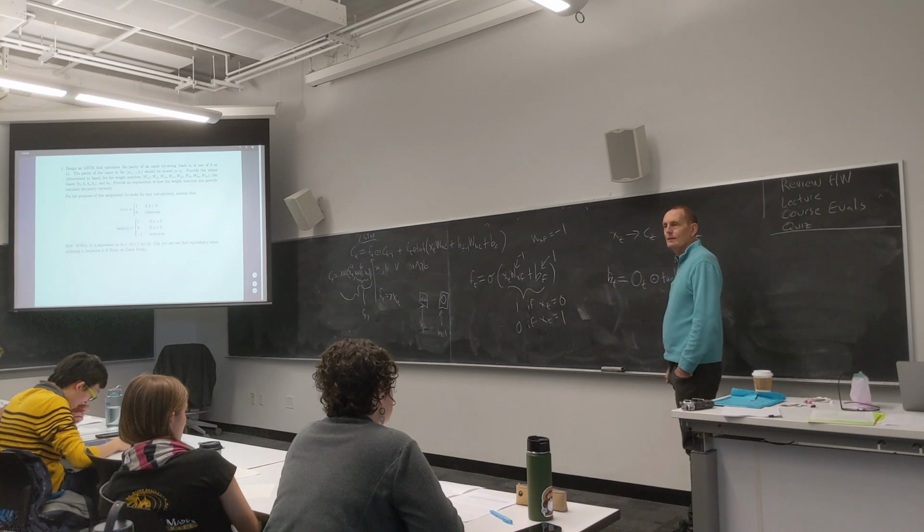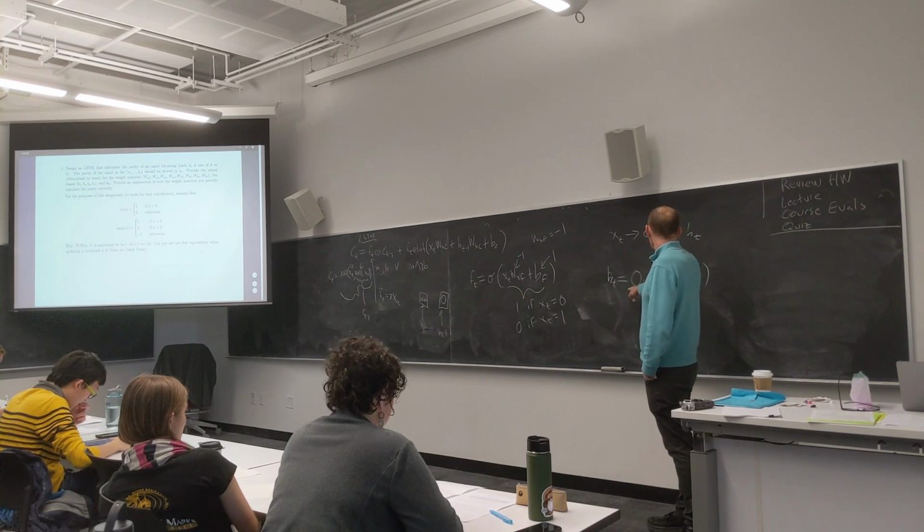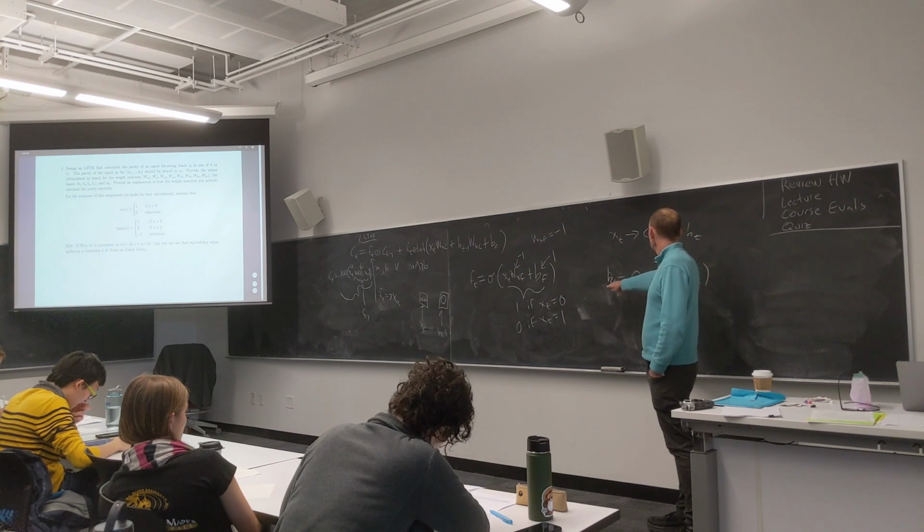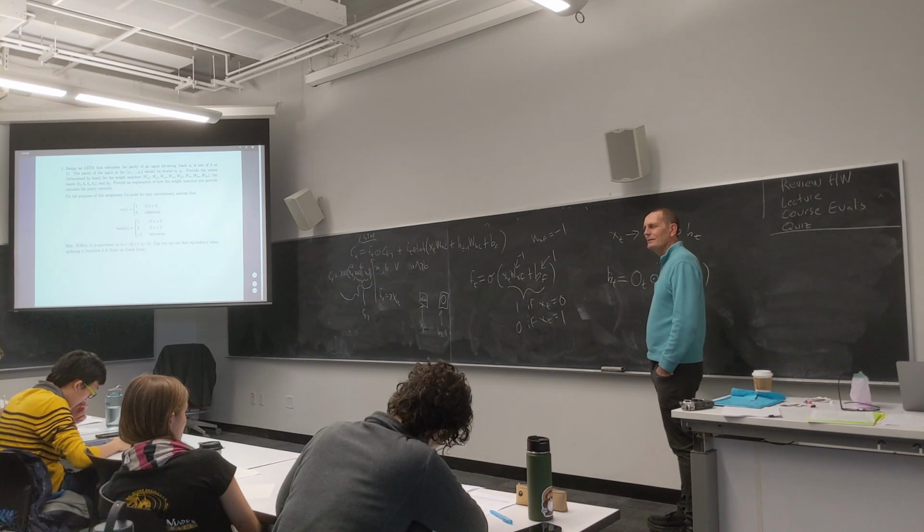So h sub t has this indirect dependence on x sub t, but it's pretty indirect. And so I'm not sure how you could do it.